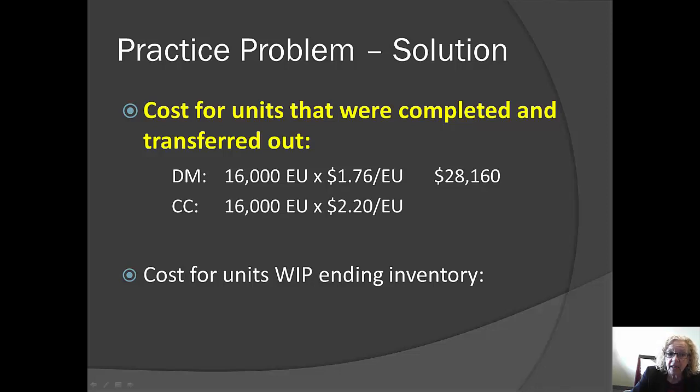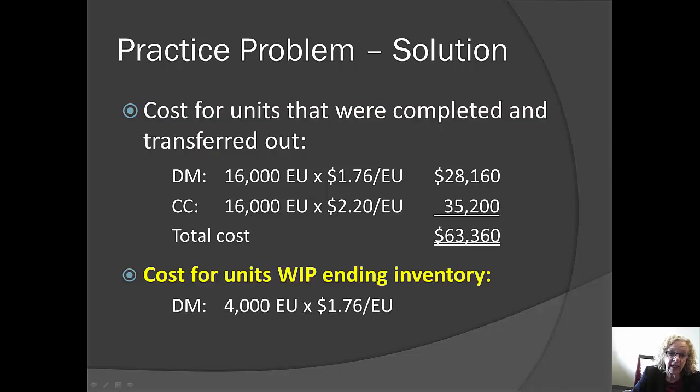Similarly, we can take the 16,000 equivalent units for conversion, multiply by the cost per equivalent unit for conversion, and that gives us the dollar value for our conversion costs in the units that got finished. Add that up, and it gives us the total dollar value of the units that were finished and transferred out.